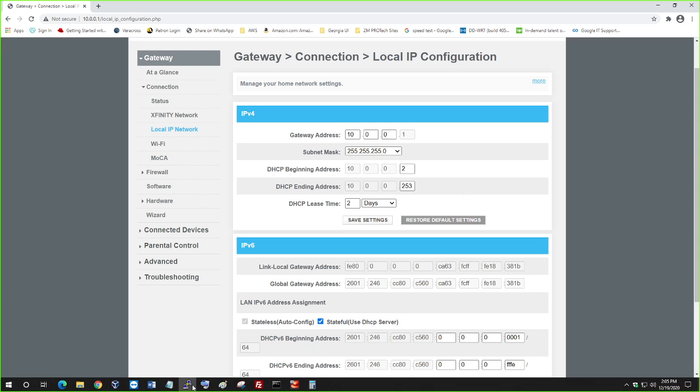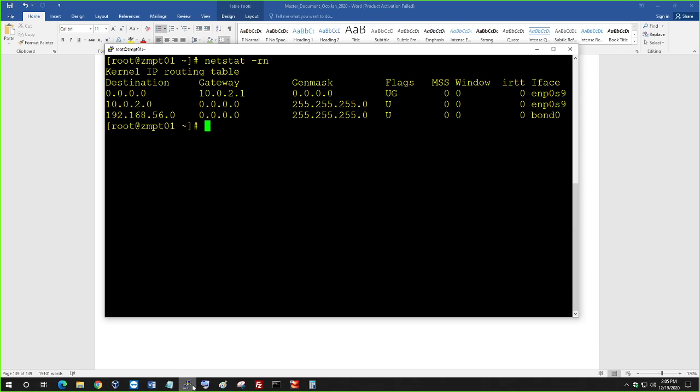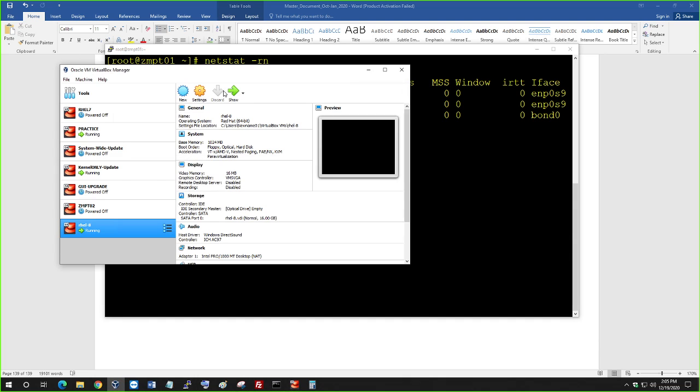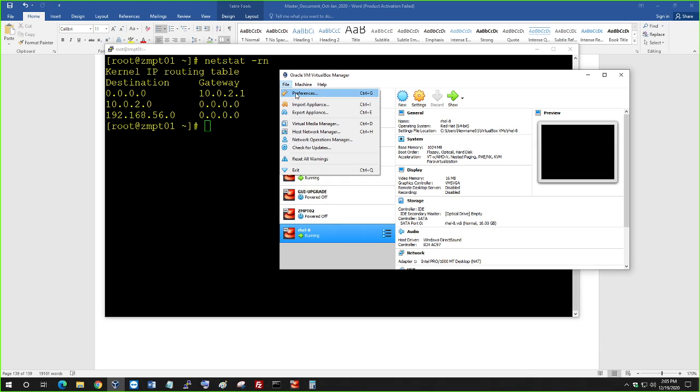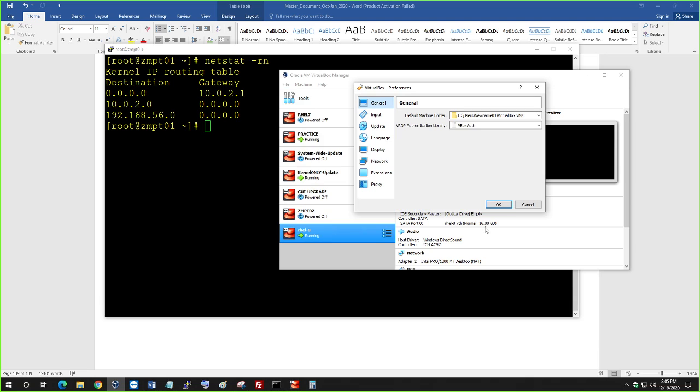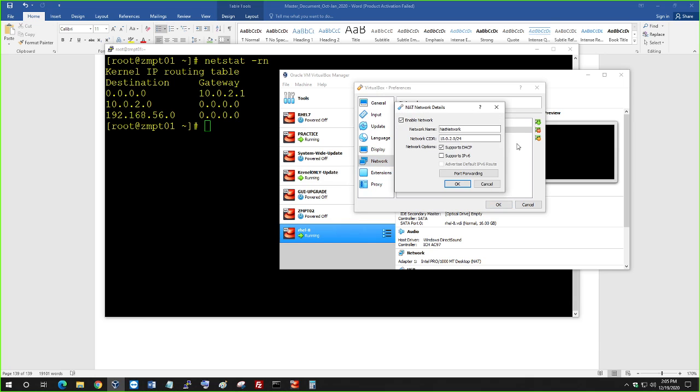Let's see here. 10.0.2.1. So that 10.0.2.1 is actually coming from here. There you go, 10.0.2.0, and then the gateway will be 10.0.2.1 here.